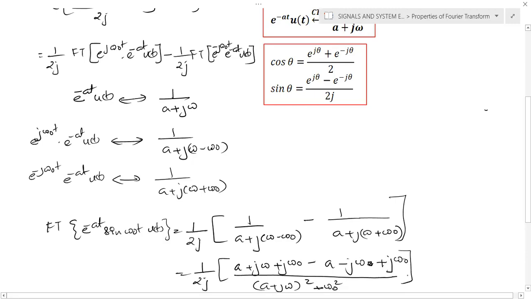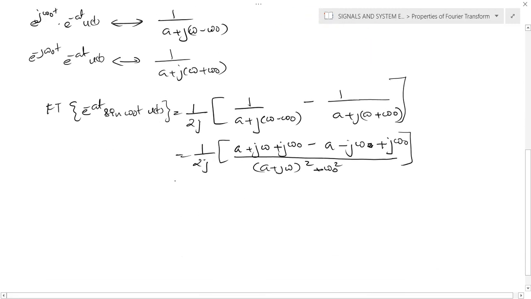And if you simplify this, you will get omega 0 divided by a plus j omega the whole square plus omega 0 the whole square. Okay, this is the final result. This a will be cancelled, j omega will also cancel, and remaining terms will be j omega 0 plus j omega 0. And if you add, you will get 2 j omega 0, and 2 will be cancelled, and j also cancels. So this is the final answer.